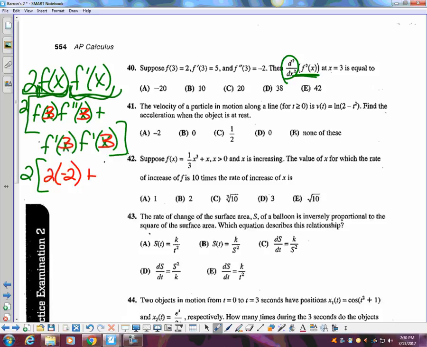Plus, what's f prime of 3? And then what's f prime of 3? So 2 times negative 4 plus 25. Negative 4 and 25 would be 21. 21 times 2, 42.